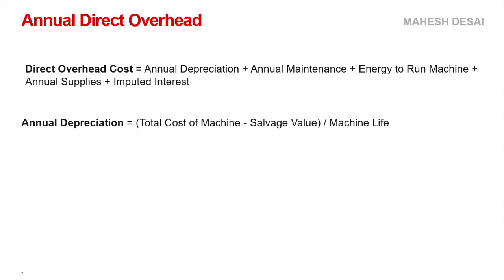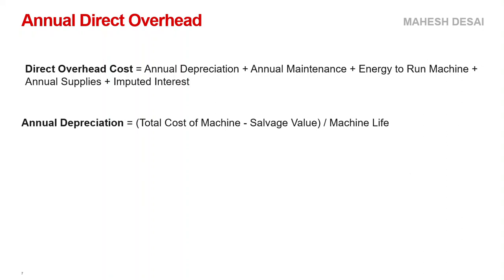In a priori BP, the salvage value is considered zero, but a depreciated machine could also get some value, so we subtract it and divide by machine life. So the annual depreciation formula is like this.